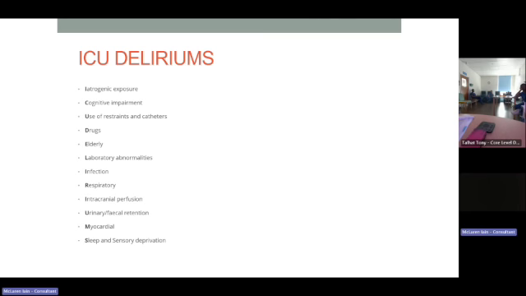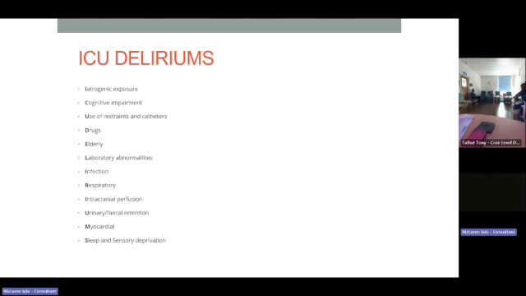As I mentioned before, the elderly are at risk, as are those patients that have had significant metabolic dysfunction and abnormalities in their blood chemistry. Infection, sepsis, big risk. Respiratory failure, and we know that ARDS patients are at particular risk of developing delirium.